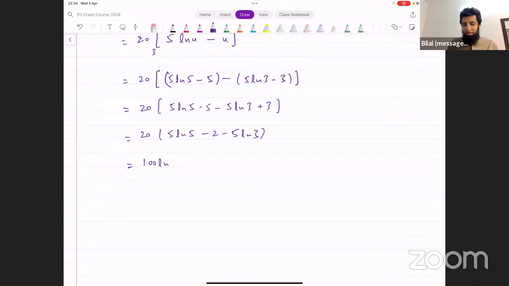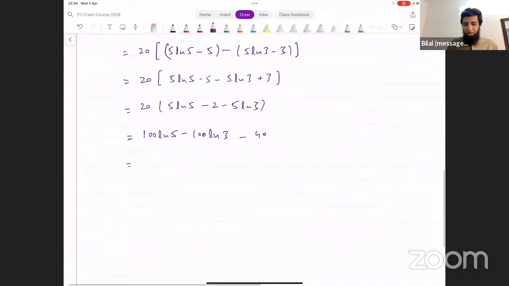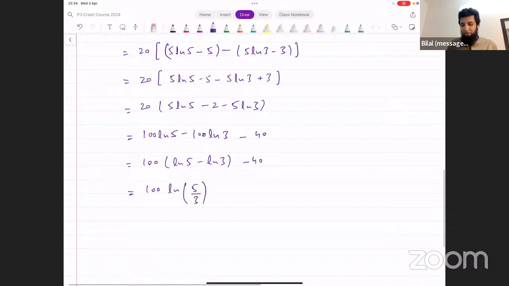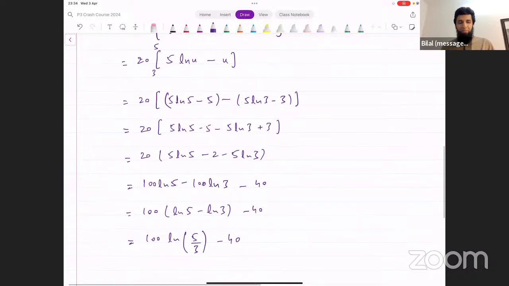That's 100 ln 5 minus 100 ln 3 minus 40. Now you can take 100 common. That leaves you with ln 5 minus ln 3 minus 40. And then it becomes 100 into ln of 5 over 3. It has to be written as a single ln term. And the final result turns out to be 100 ln of 5 over 3 minus 40. That's the final result that you get.